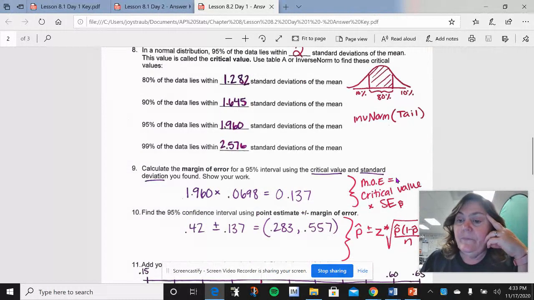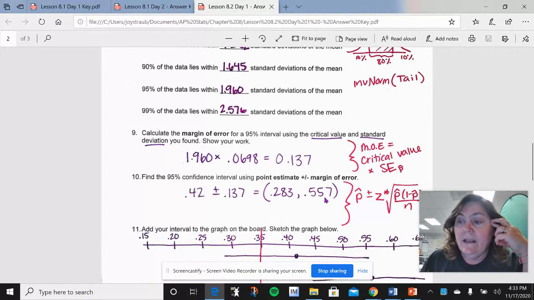Then here's what we get with the margin of error. If you take the 95% critical value, which is 1.96, and multiply that by your standard deviation, you get 0.137. So this is now your margin of error. It is your critical value times the number of standard deviations you are away from the mean.